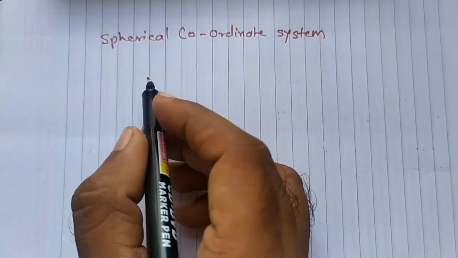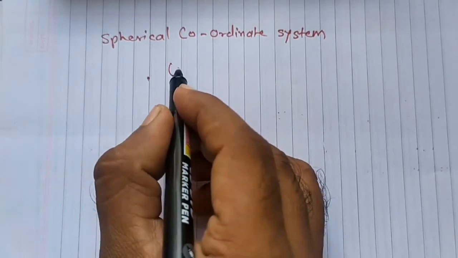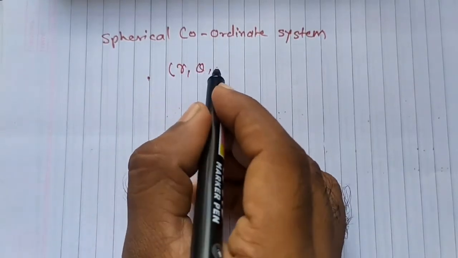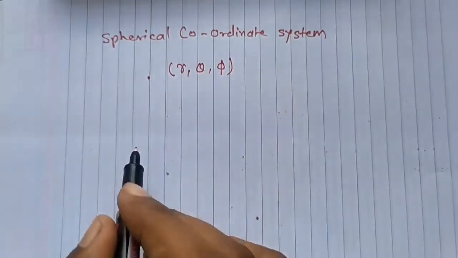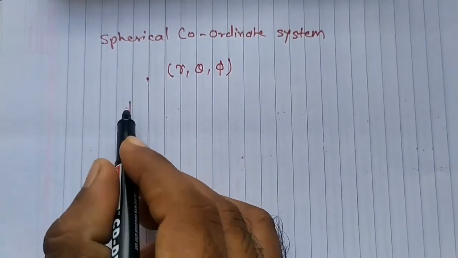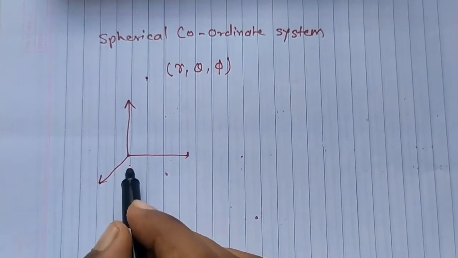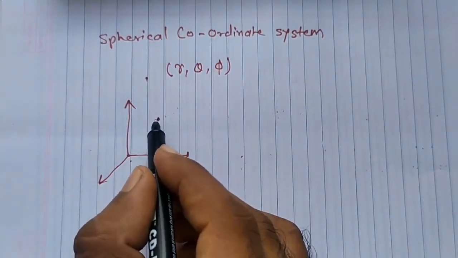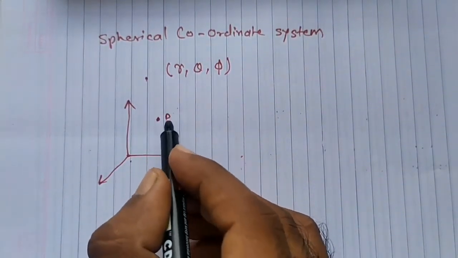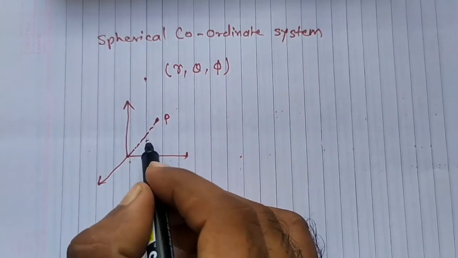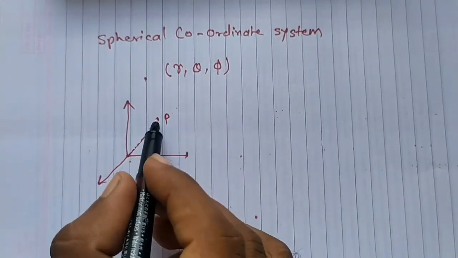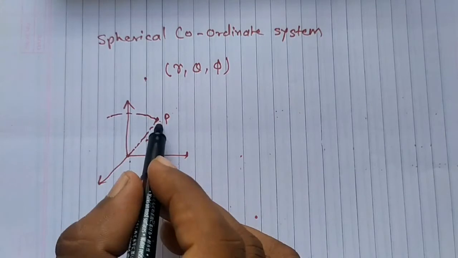There are three coordinates in the spherical coordinate system: r, theta and phi. The r coordinate is the distance of a point from the origin. So suppose this is my point P, then this distance is the r coordinate.